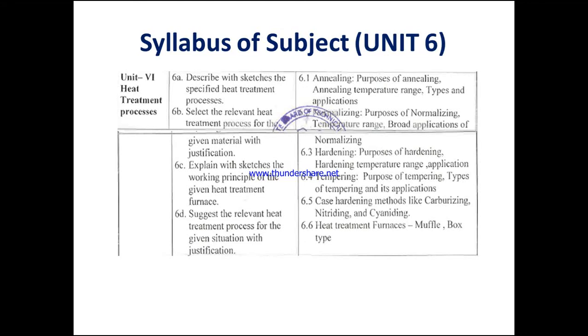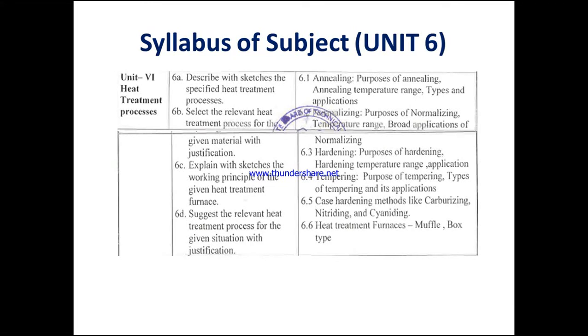Up to case hardening, these are the types of heat treatment, and to increase the temperature of the material we have to use different types of furnaces. For heat treatment we use either a muffle furnace or a box furnace in industry.